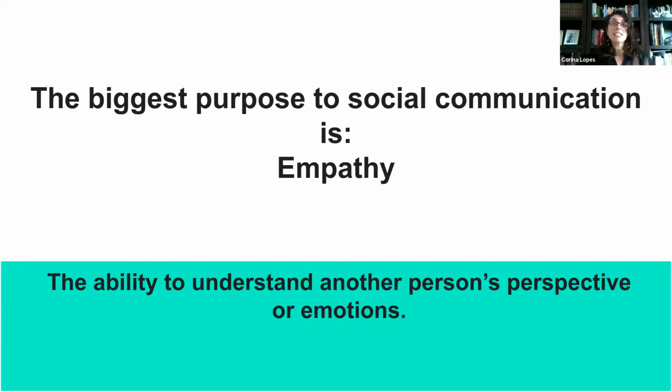So you are excited for your friend. You understand why they're feeling happy and why they are expressing that happiness. So that's empathy.